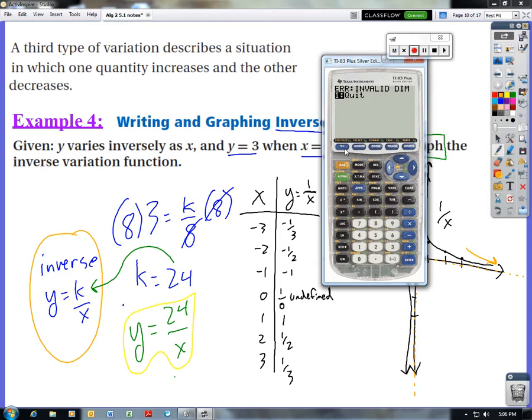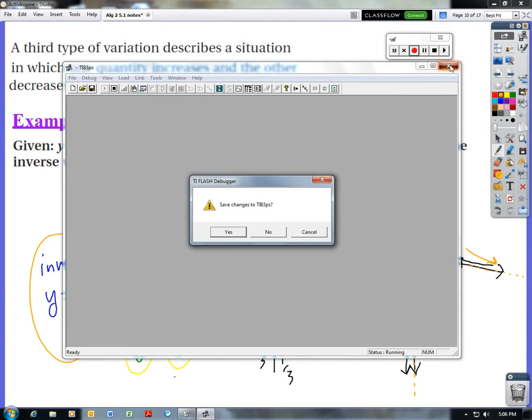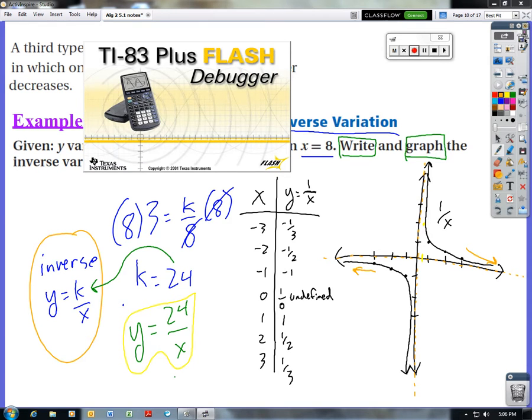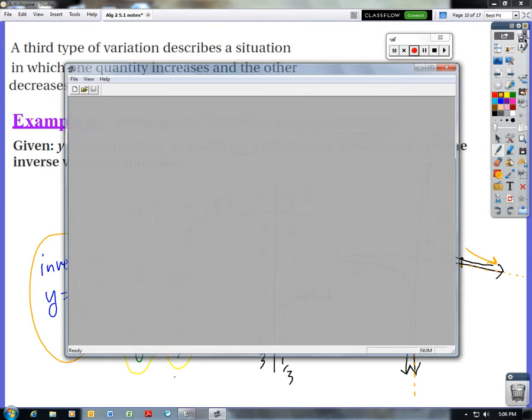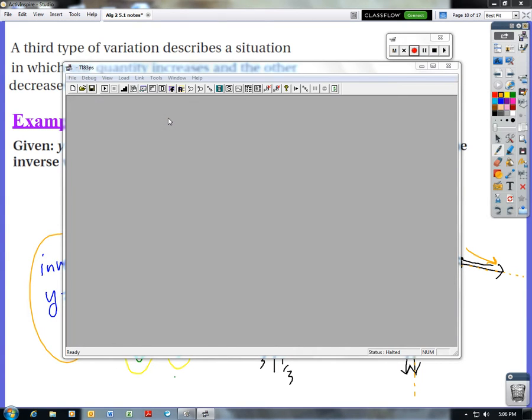What are we doing? Well, what I'm going to do is actually close out of this because I think it's been preset some way. But if you have one at your house, you can do this without me.